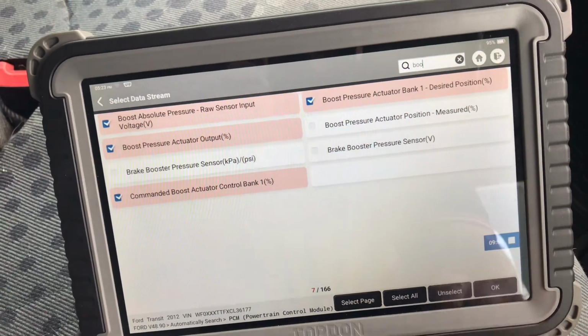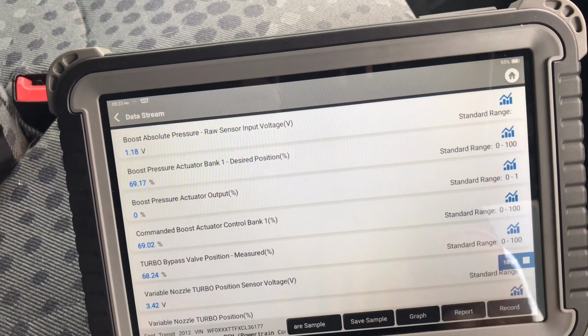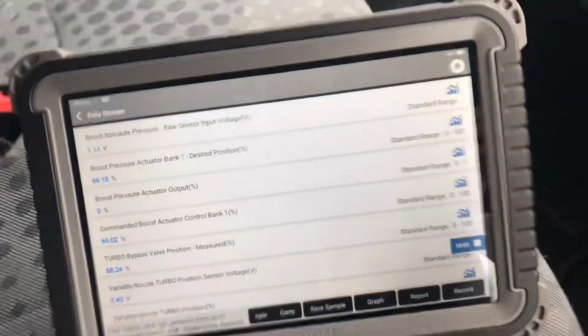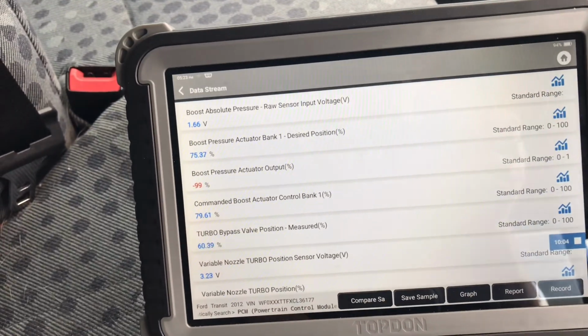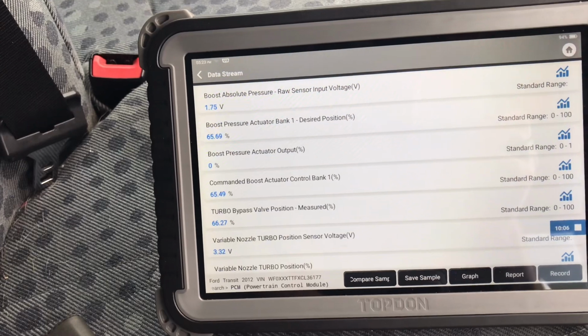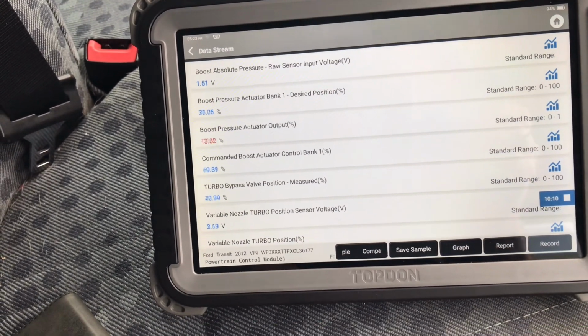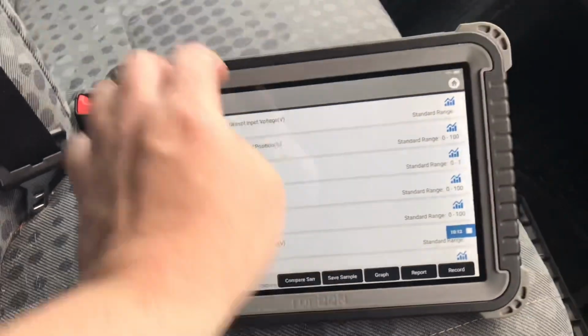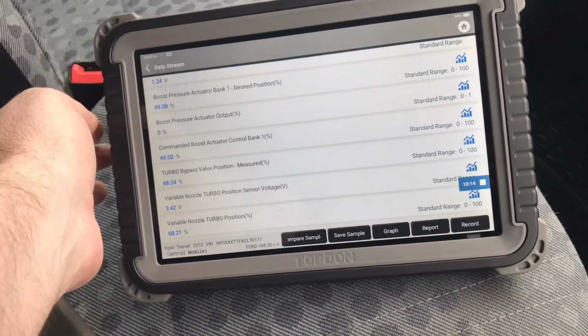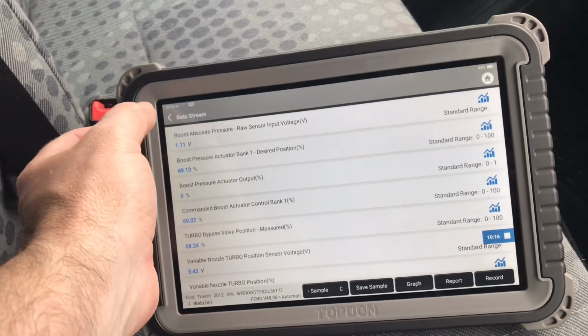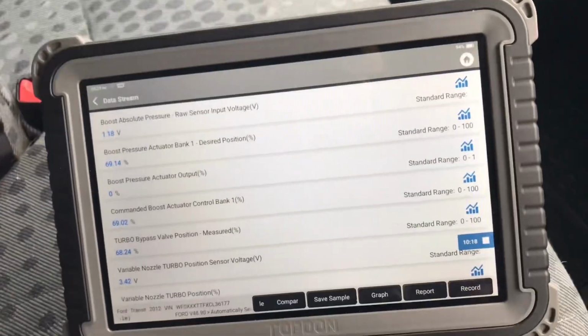Go for that. So I think that would be your boost one there. So that looks good enough.